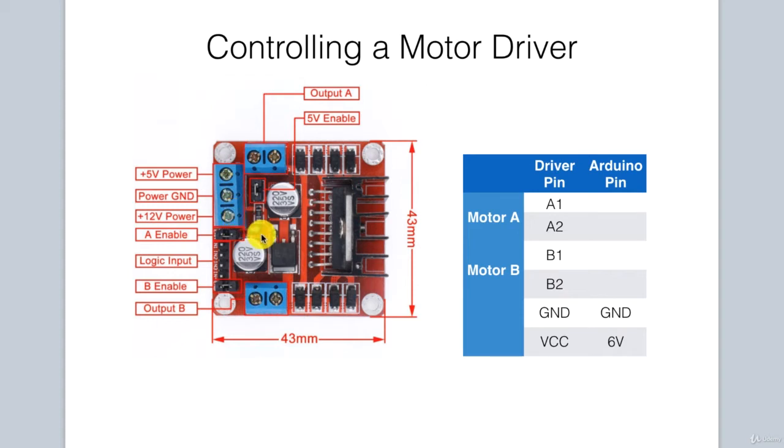Enable pins, when present, can be used to enable or disable a motor. Inputs from the Arduino come in to one set of pins to control the motor, and the outputs from the driver are directly connected to the motors to relay the appropriate current and polarity of rotation.